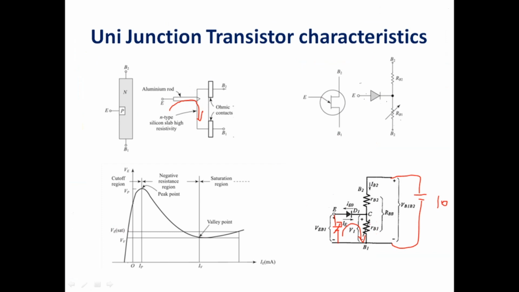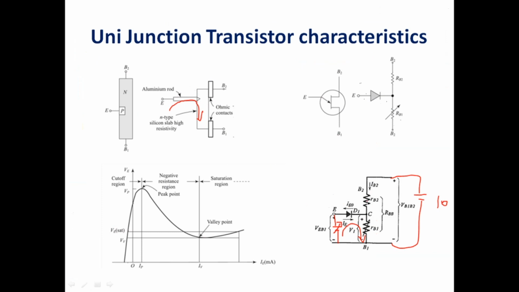If you are able to give enough supply here and forward bias this diode, carriers are injected into this layer, so the resistivity of this layer reduces, the conductivity increases, and the resistance reduces to a value like 50 ohms. That's why I have shown this as a variable resistance.